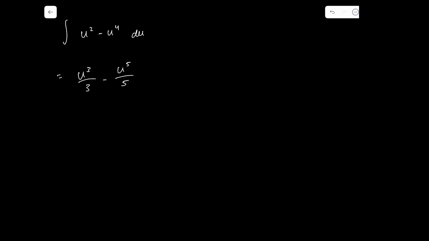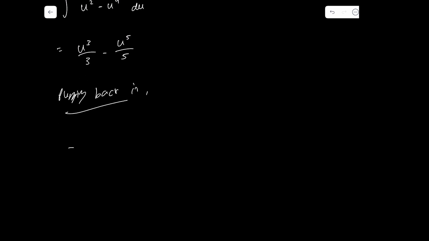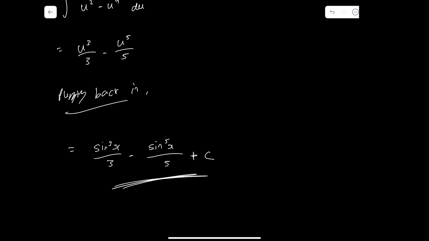Okay, so remembering what u is, we're plugging back in, that's going to give us sine to the 3x over 3 minus sine to the 5x over 5 plus c. Okay, and those are going to be your final answers.